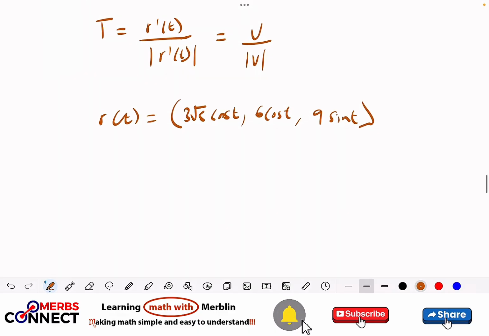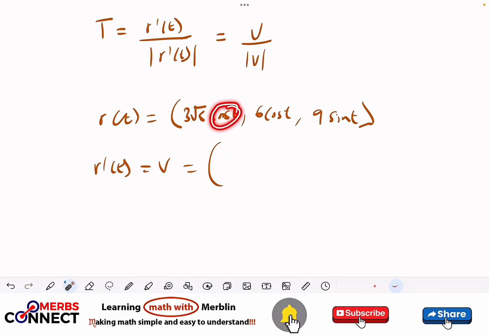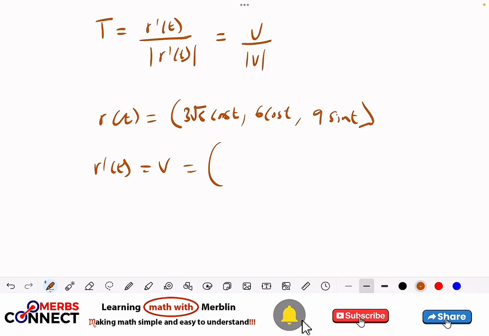So let's look for r prime, which is the same as velocity. So r prime of t, which is the same as v, will be equal to, differentiate cos, because this is constant, and get minus sine. When I differentiate what is inside, I get 1. So this is just the same as minus 3 root 5 sine t.